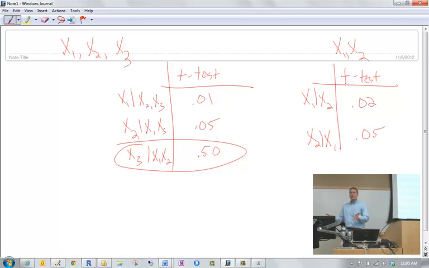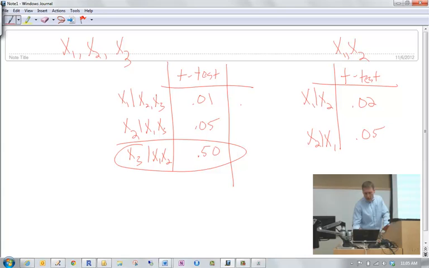Should we remove it? No, because it does have a small p-value. So then backward elimination stops. It says, okay, we're going to work with the model with x1 and x2, and move on to step 3 of the model building process, which looks at refining this model, such as looking at interaction terms, quadratic terms, or other transformations of your predictor variables. So that's how this works.